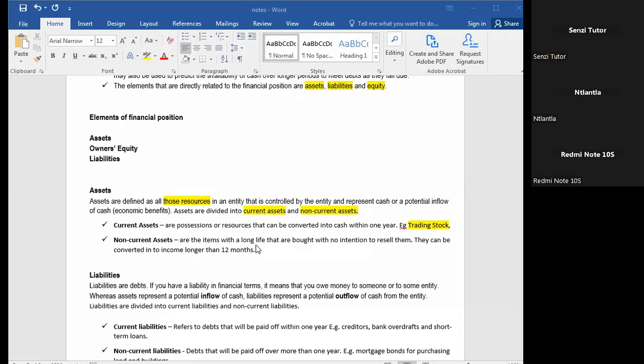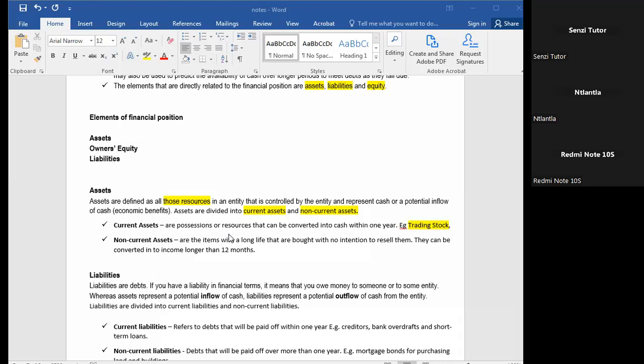Right. Now, as we are talking about non-current assets, guys, non-current assets are those things that usually have a long life in our business. For example, land and buildings. Land and buildings, as we all know, are the premises or the buildings bought for running the business.